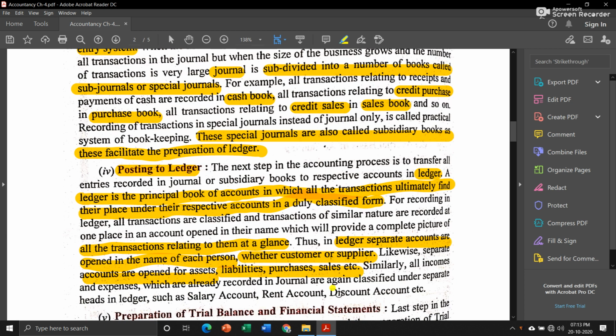For all incomes and expenses also you will prepare separate accounts. Suppose you have paid salary, then that will be recorded under the salary account. If you have paid rent, then you record it under the rent account. If there is any discount, that will be recorded under the discount account.